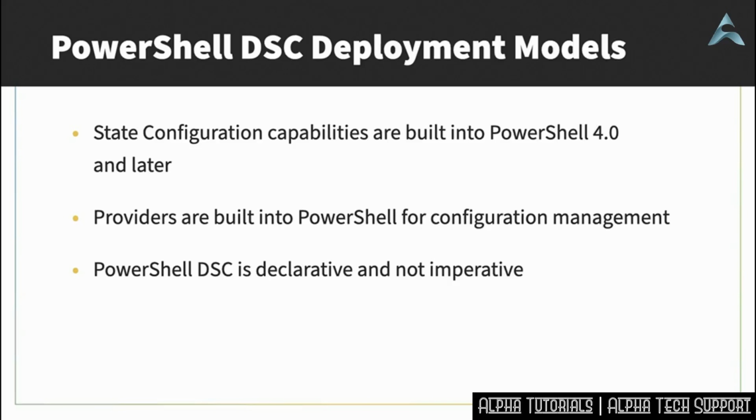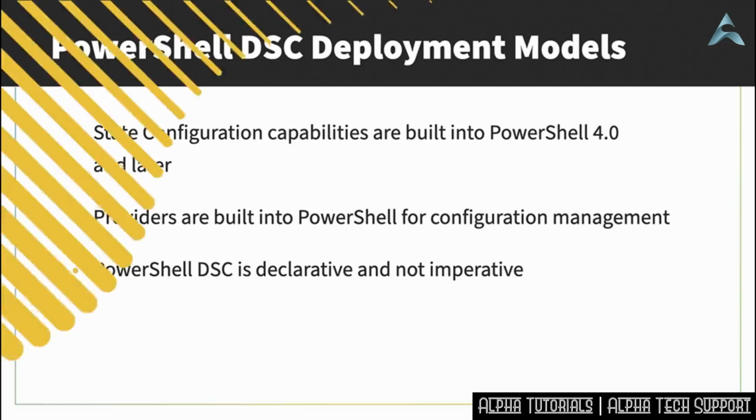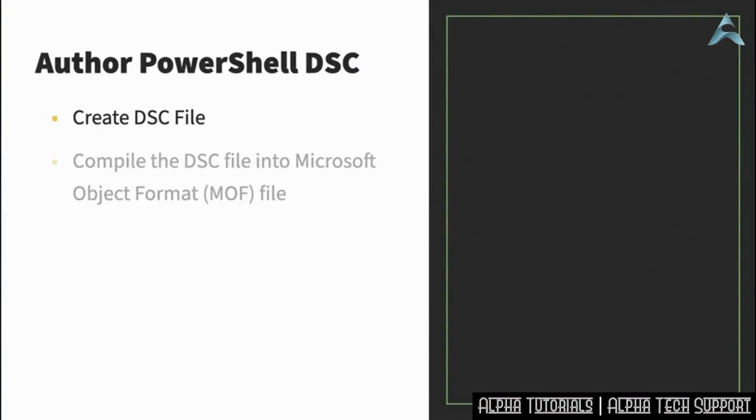So the question is, how is the declarative configuration done? For the DSC to work, we need to create a configuration file in PowerShell, after which the file is compiled in the MOF format, which is the Managed Object Format, and this compilation in MOF is done for each workload, that is each node.